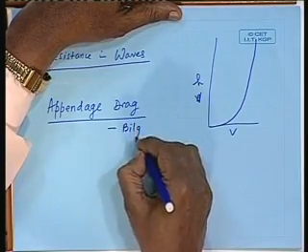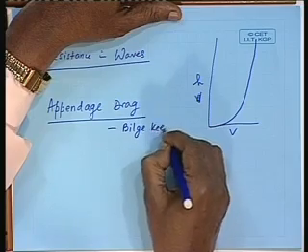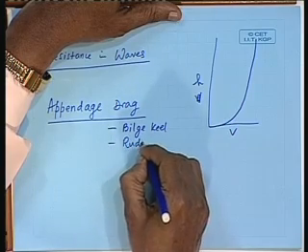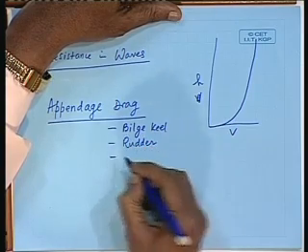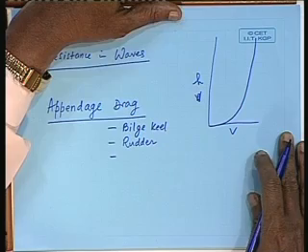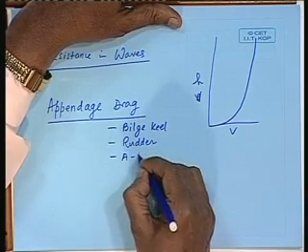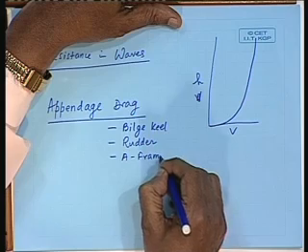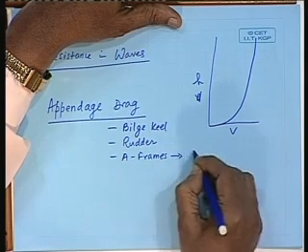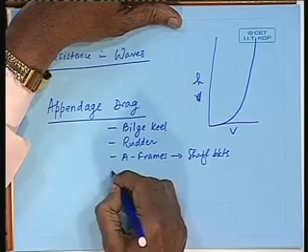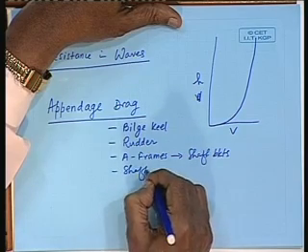First that comes to mind is bilge keel, right. Then you have rudder, yes, sorry, A-frames or shaft brackets, shaft bossings.